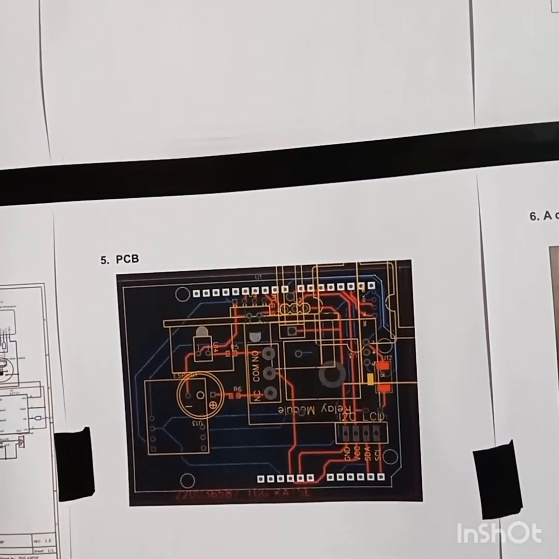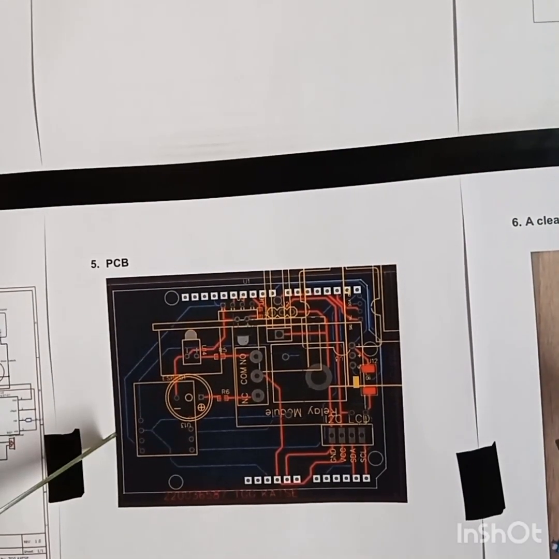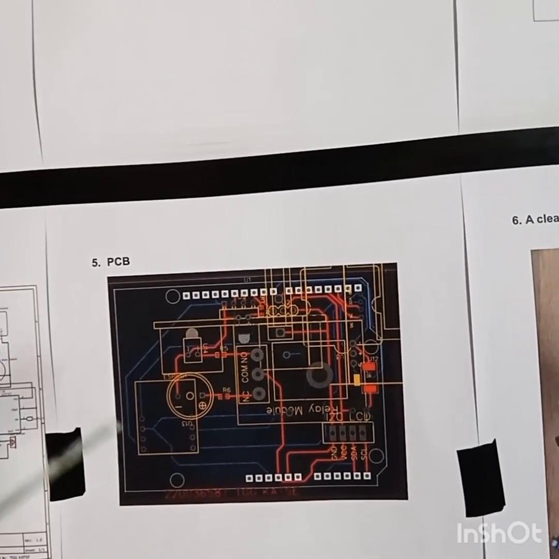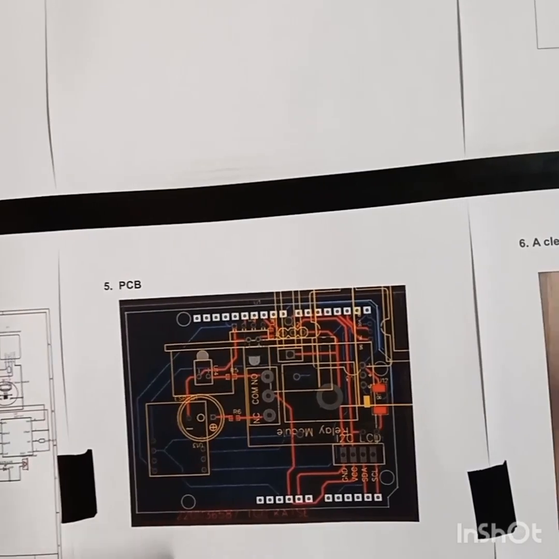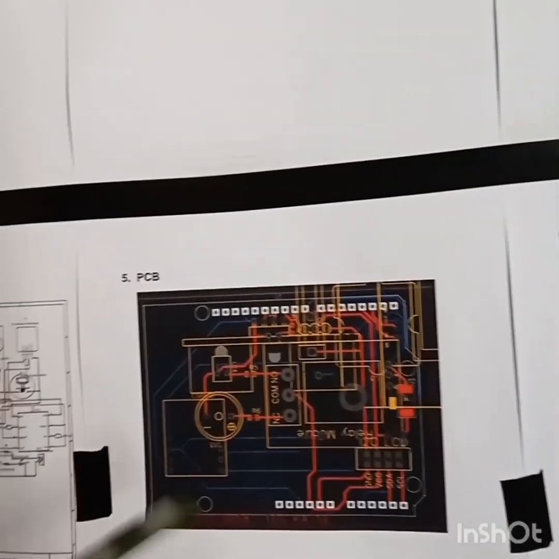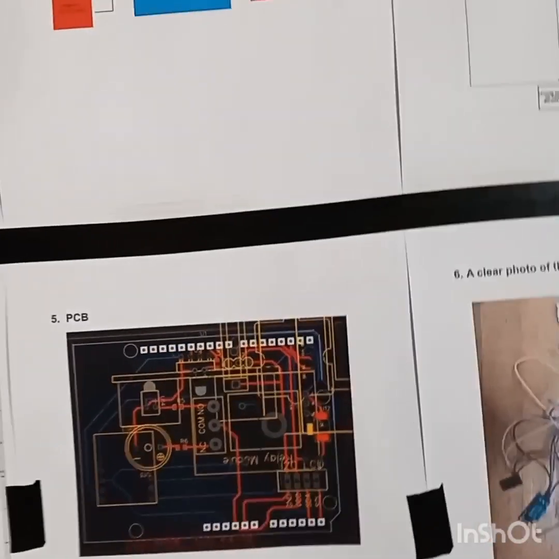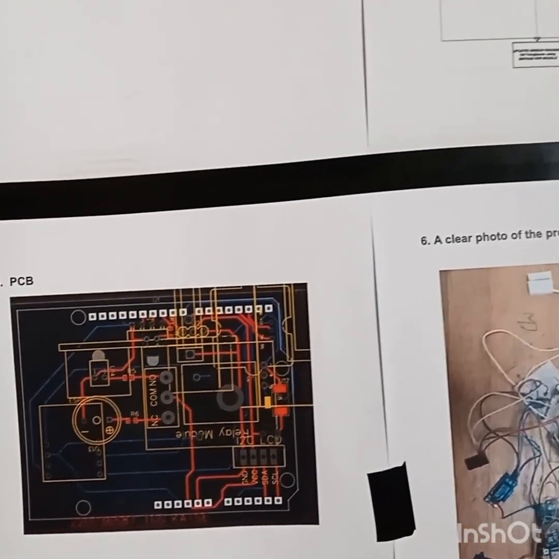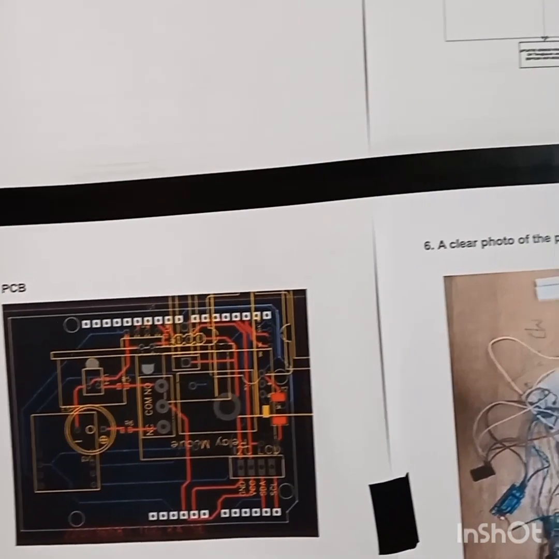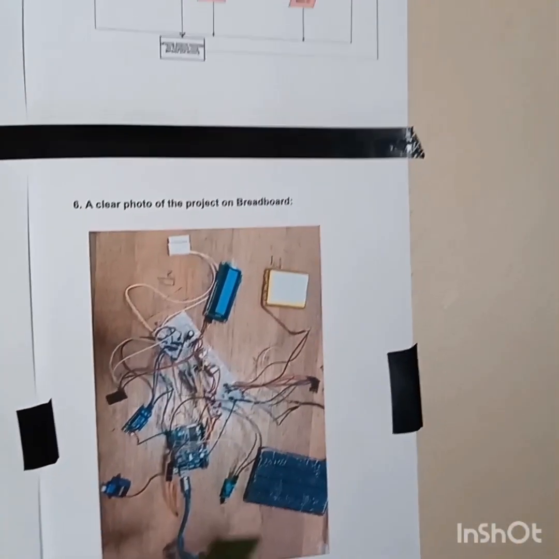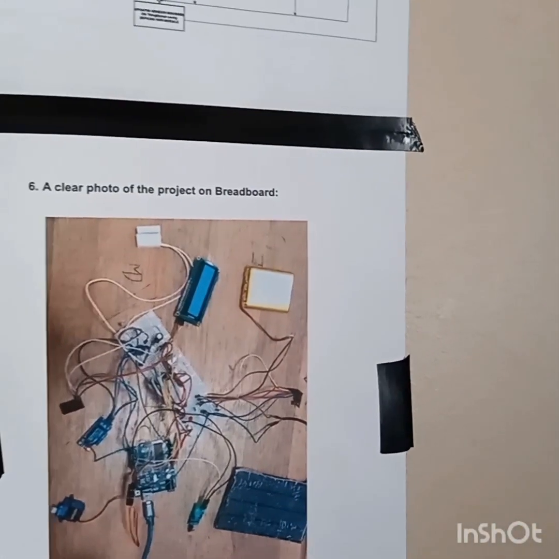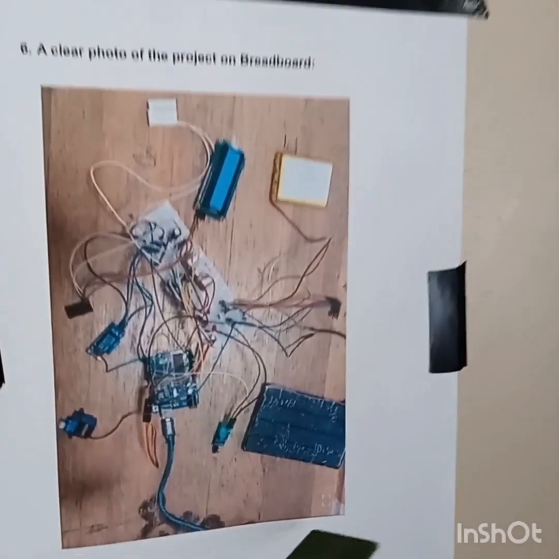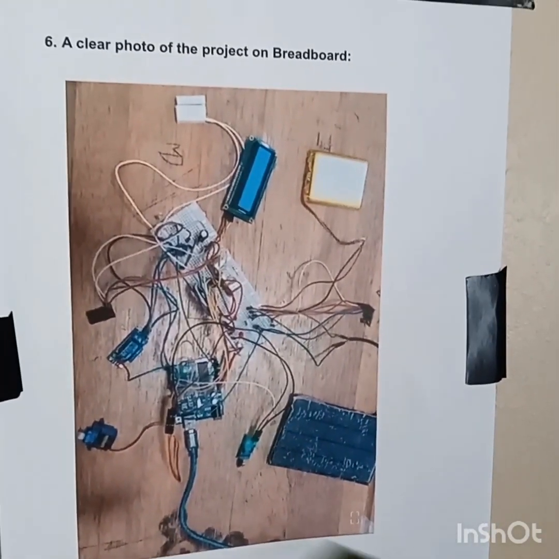As you can see, everything is at an angle of 45, but not more than 90 degrees, because if our wires are at 90 degrees, it will make our PCB short circuit. The final one is the final photo, which is a photo of my project on a breadboard.